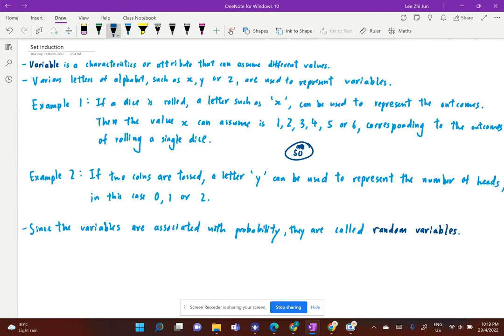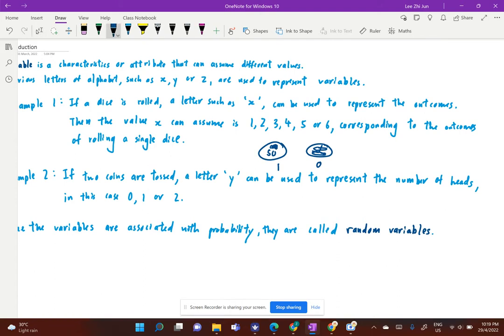So I throw the first time. If I get head, that is one. If the second time I get tail, the number of heads will be zero. So the total number of heads I get is 1 plus 0 equals 1.